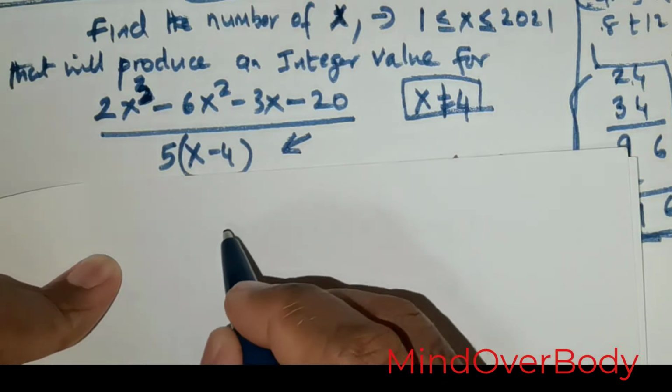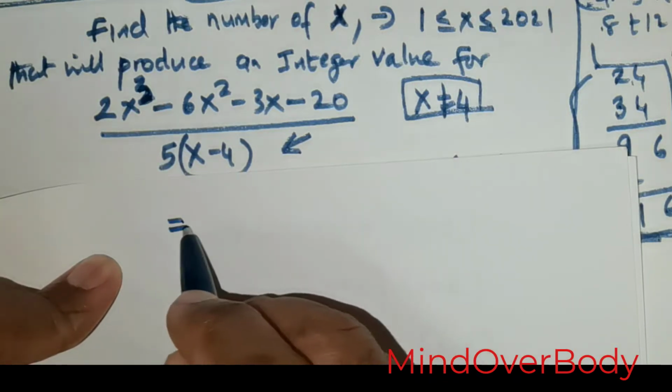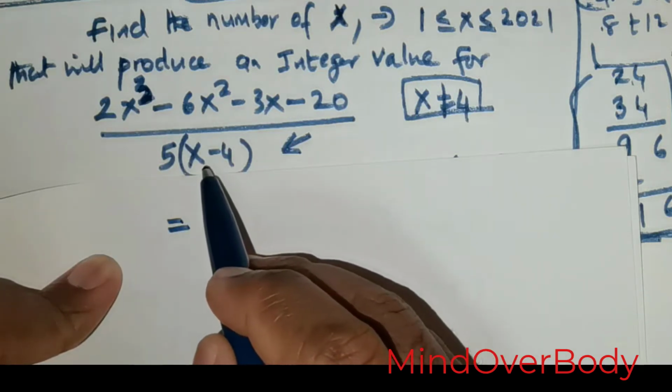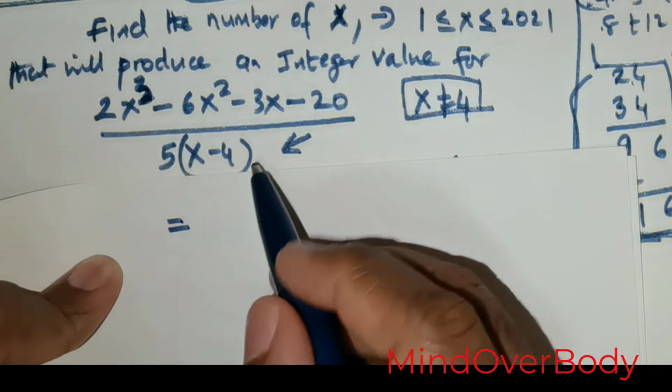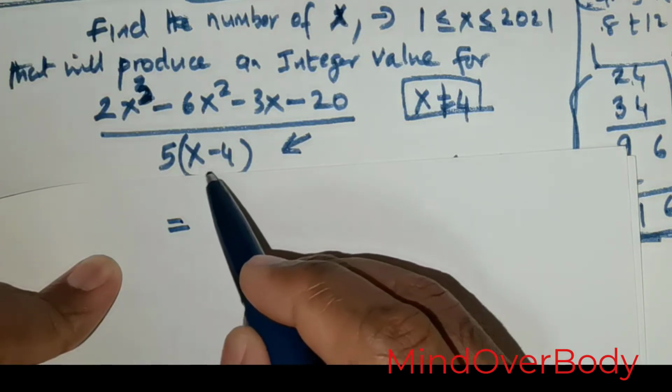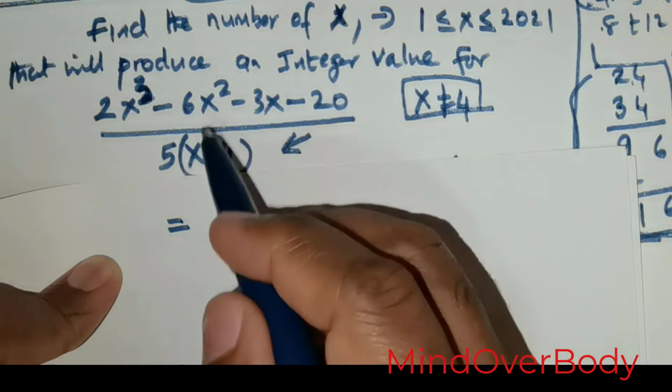Now what I'm going to do is rewrite the numerator as a multiple of the denominator, x − 4. This denominator, x − 4, is the clue to solving this question.